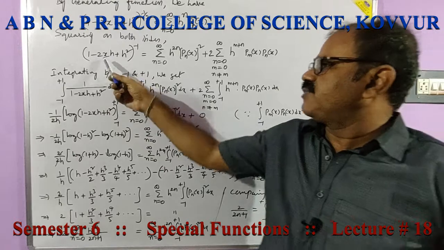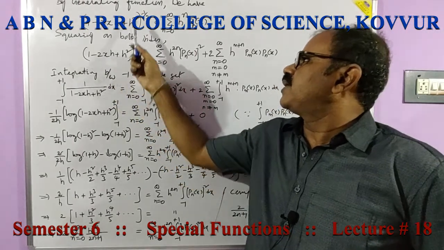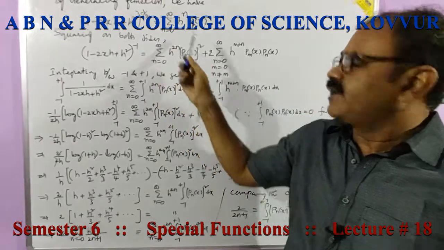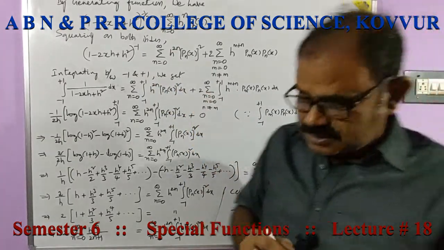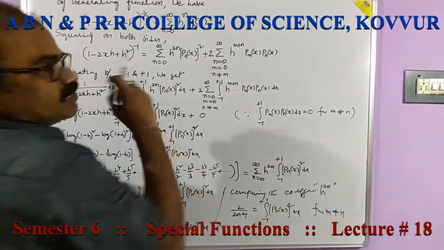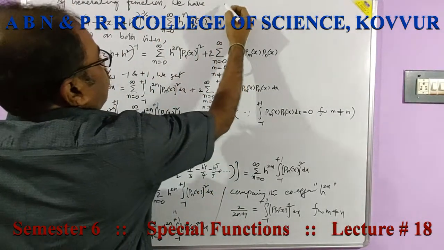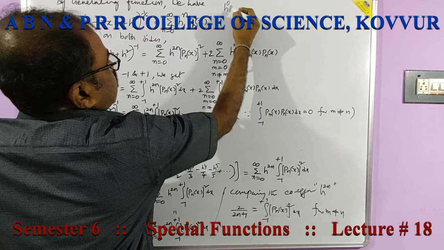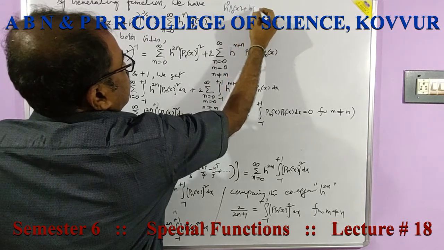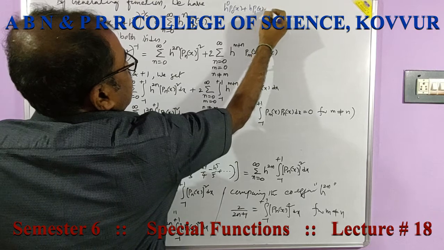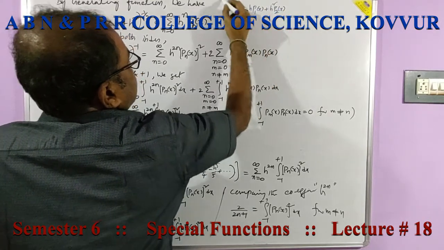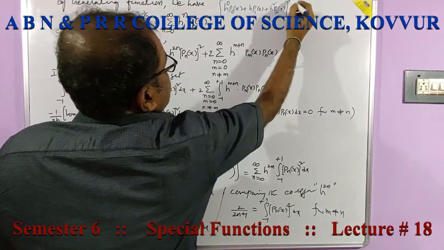On the left hand side, 1 minus 2xh plus h square whole to the power of minus 1 by 2 will become minus 1 after squaring. And on the right side, let us take three terms only, h power 0 P0(x) plus h P1(x) plus h square P2(x). Let us elaborate this.